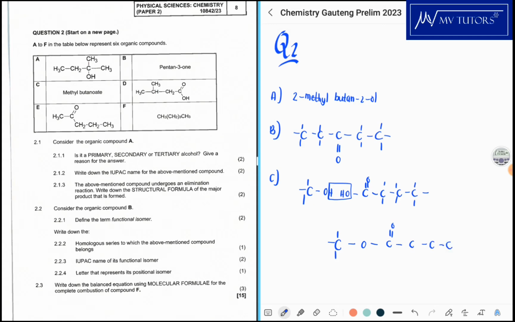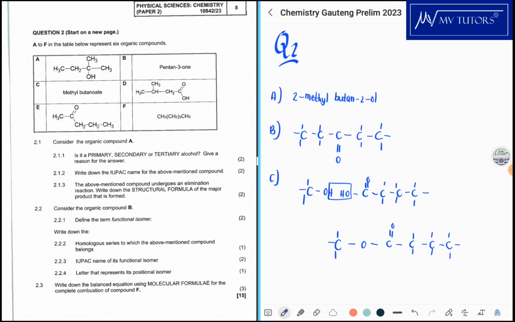Okay, so there should be 5 carbon atoms there all together. Okay, and 2 oxygen atoms, and the rest will be hydrogen. Okay, so that's C.